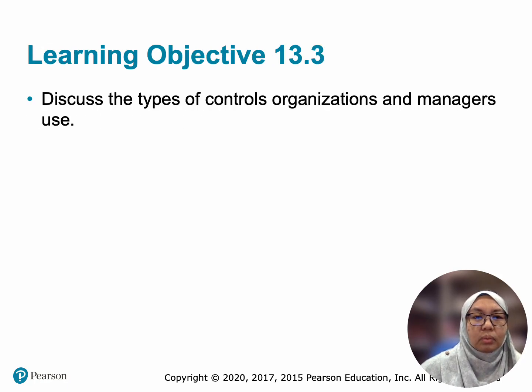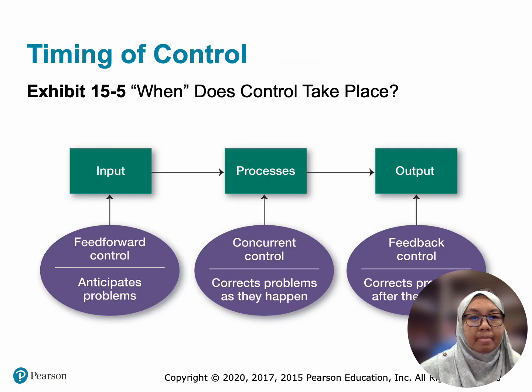Then, what are the types of control that organizations and managers use? The first is the timing of control, when the control actually takes place. We learned earlier that in management there is input, which is planning; the process, when the work is being done; and the output, when the job is done and performance is measured. Control can be taken at any stage of the process.